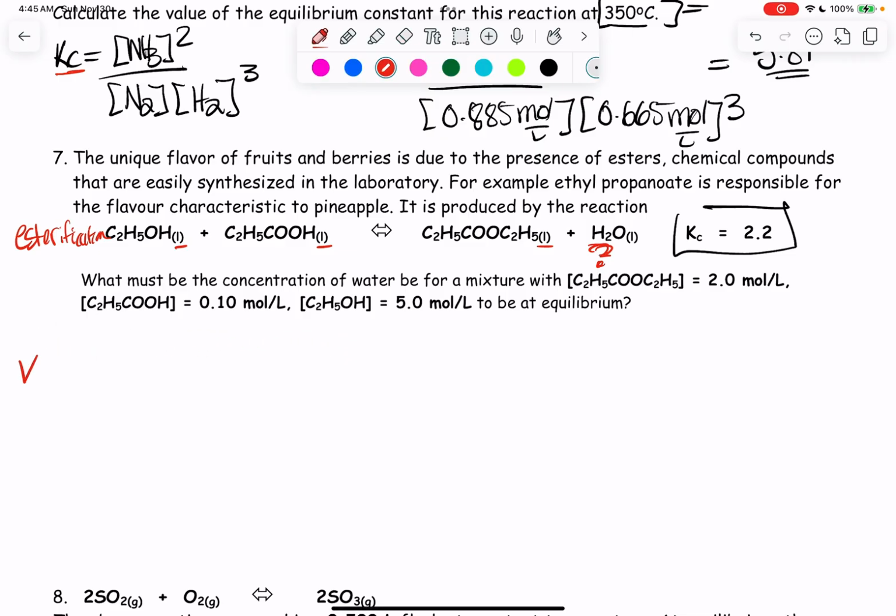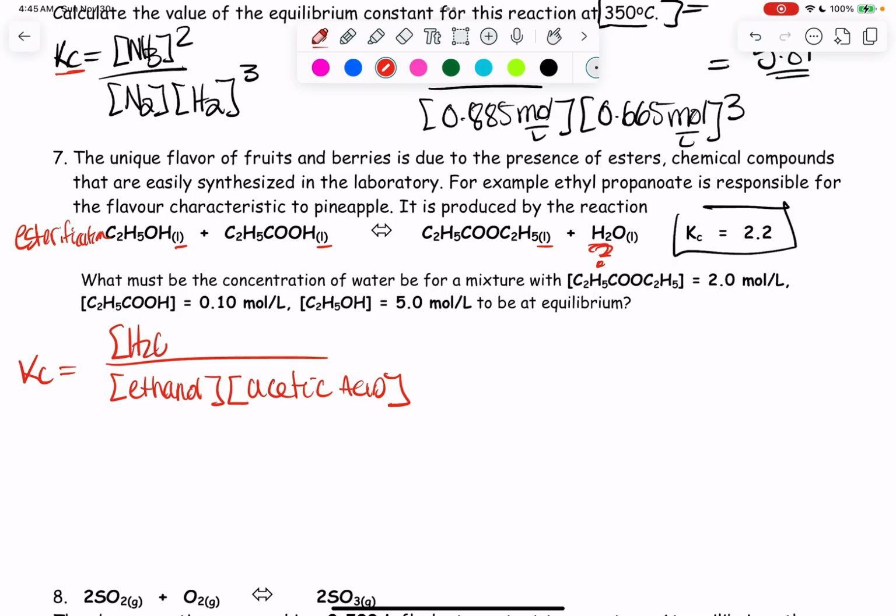Kc is equal to products over reactants. So ethanol, I didn't leave enough room the last time, multiplied by acetic acid, again, no coefficients, all over water and ethyl ethanoate. This is our ester.